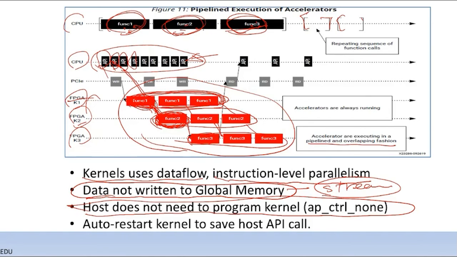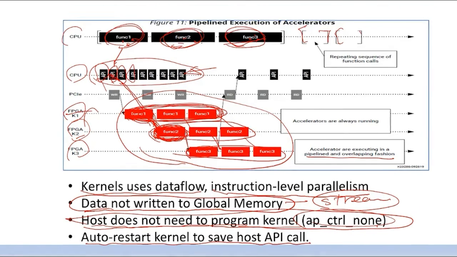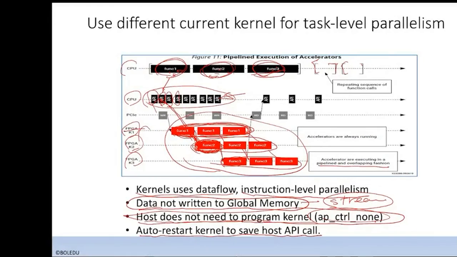That means you don't need the API to invoke that. So for doing that, the host does not need to program the kernel. Each kernel should use the data flow without the API control, as a block level protocol. And then we can use the auto restart kernel to save the host API code.